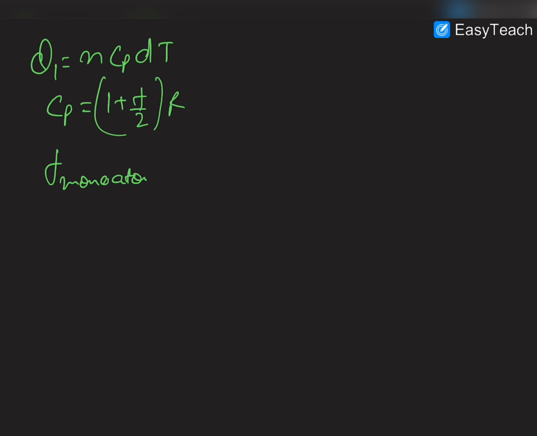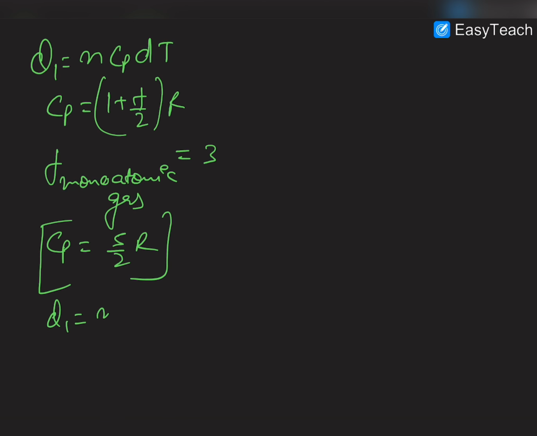So Cp is (1 plus f by 2) R, and for a monoatomic gas f is equal to 3. So Cp will be equal to 5 by 2 R.